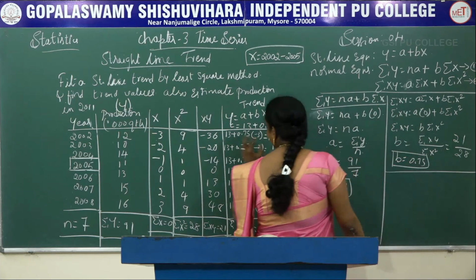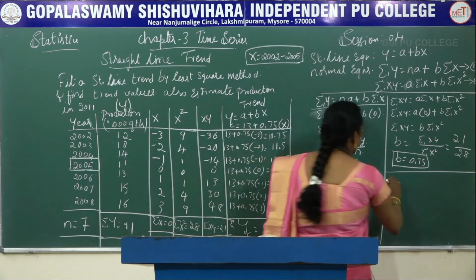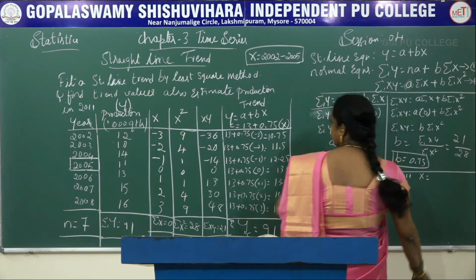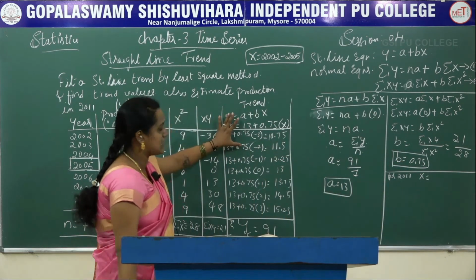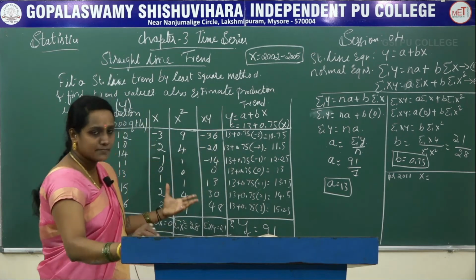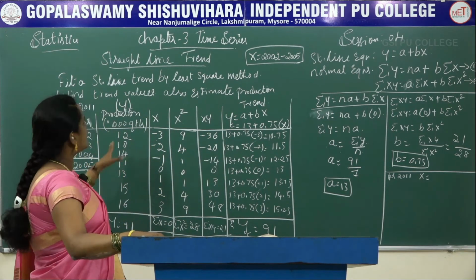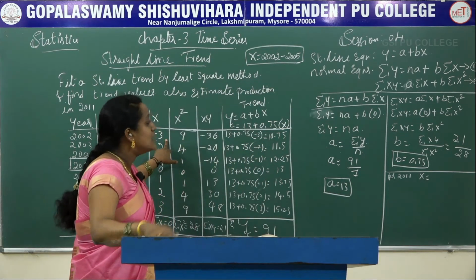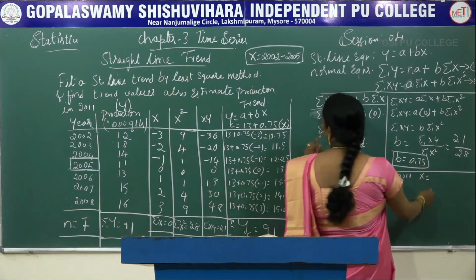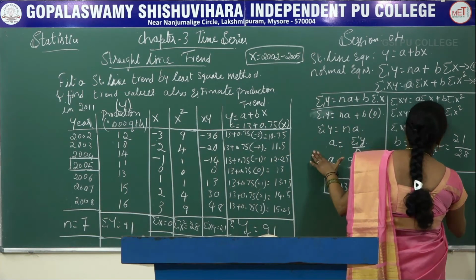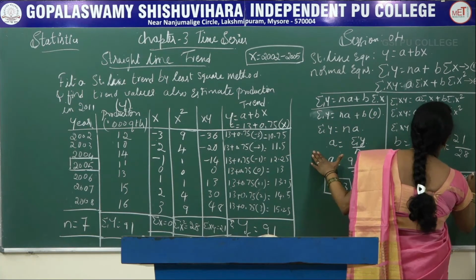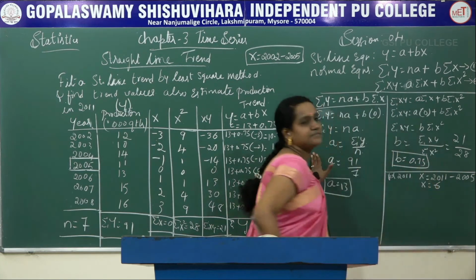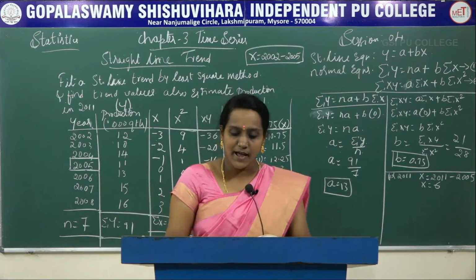To do that, first we have to find the x value. I follow the same procedure: here 2002 minus 2005 gave minus 3. Similarly for 2011, it is 2011 minus 2005, so our x value is 6.